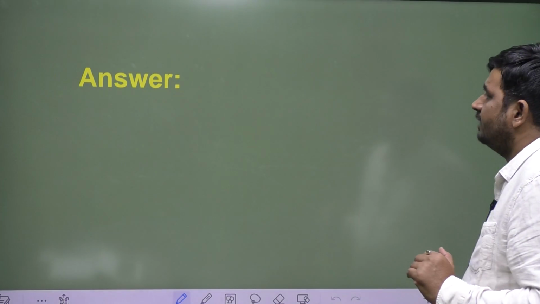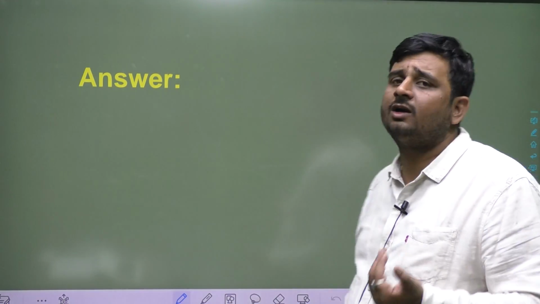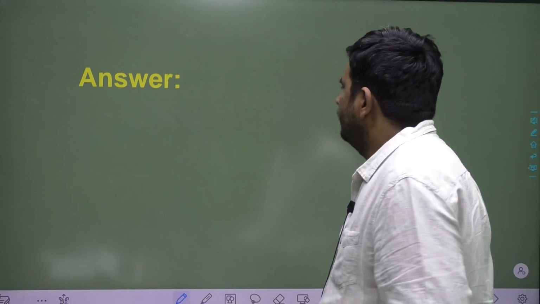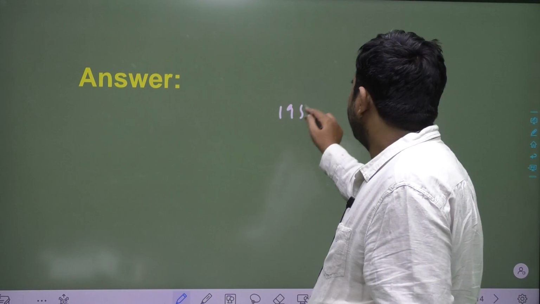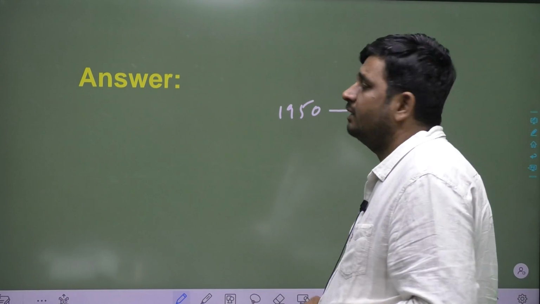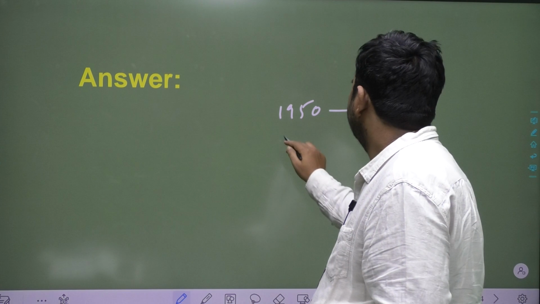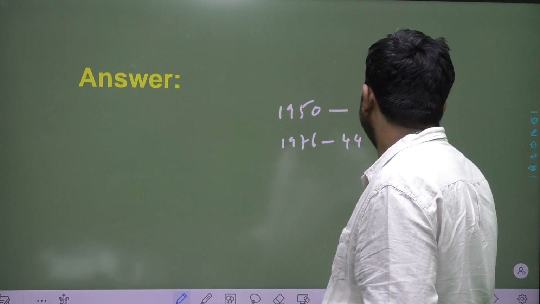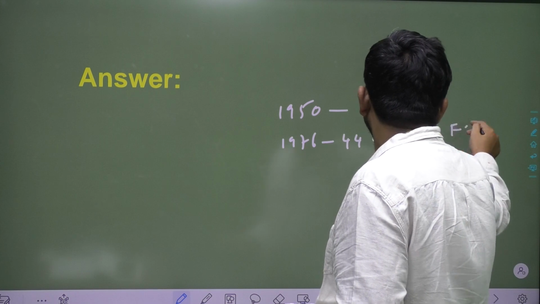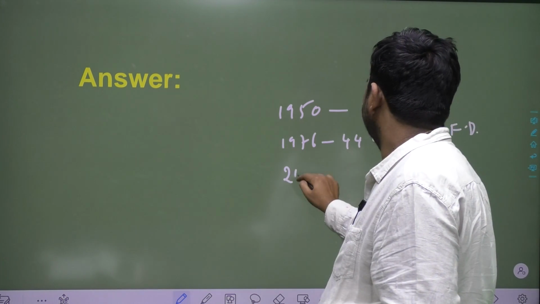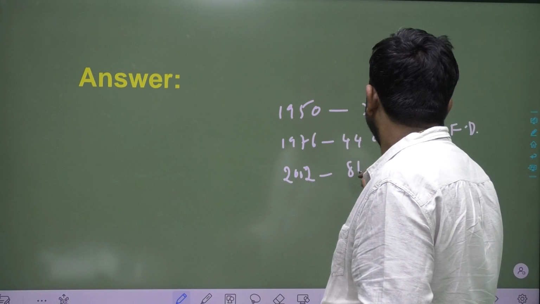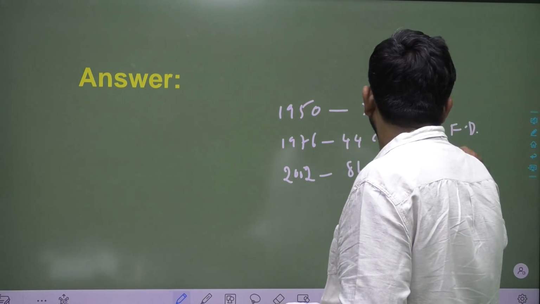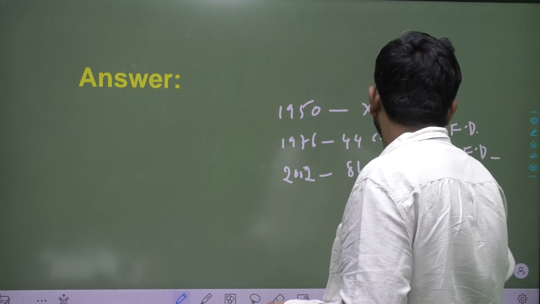We will try to understand first why fundamental duties are not comprehensive. In the year 1950, fundamental duties were not there in our Constitution. In the year 1976, with the effect of the 42nd Constitutional Amendment, 10 fundamental duties were incorporated. In the year 2002, with the effect of the 86th Constitutional Amendment, the 11th fundamental duty was incorporated.